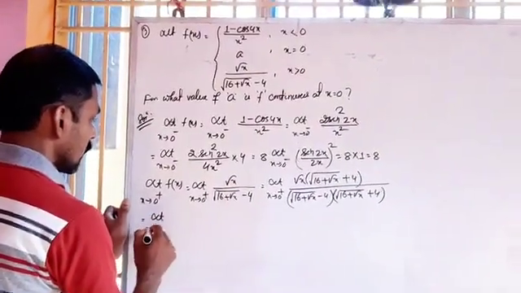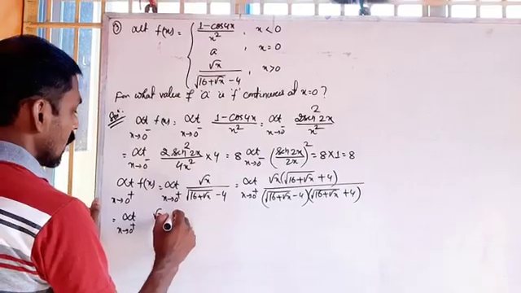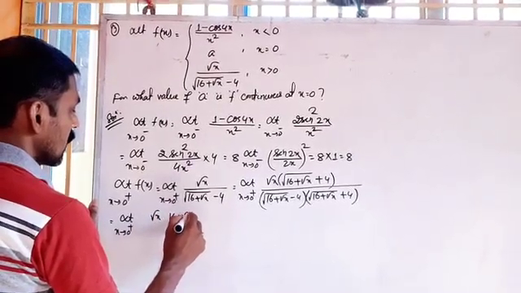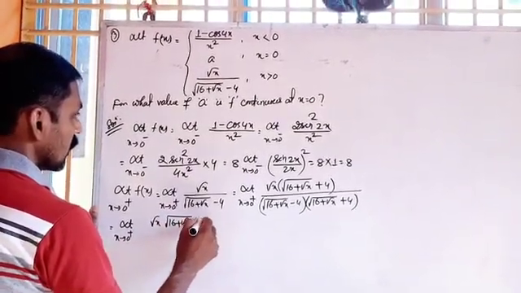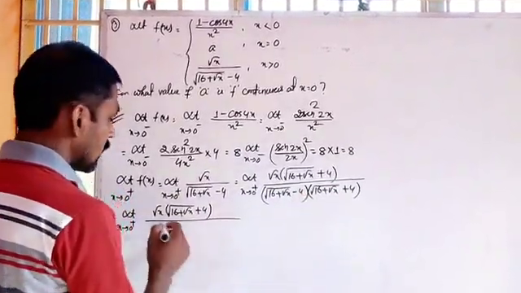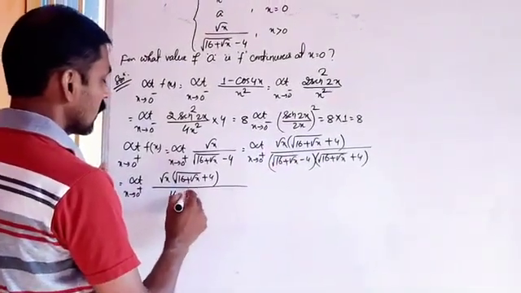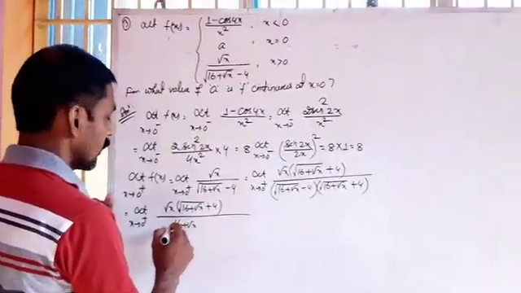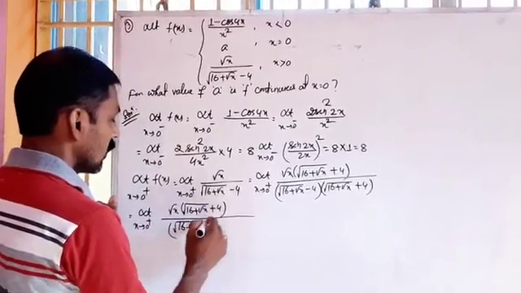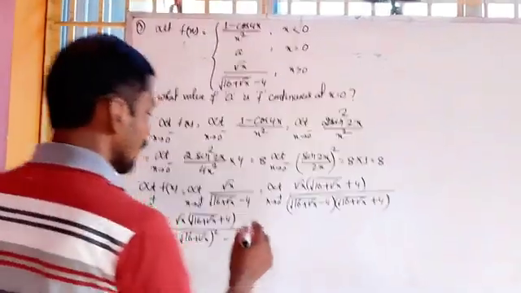This is limit x tends to 0 plus, root x into 16 plus root x whole root over plus 4. By it is a square minus b square, so a square minus b square means 16 plus root x whole root whole square minus 4 square.